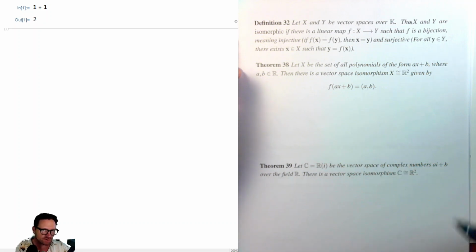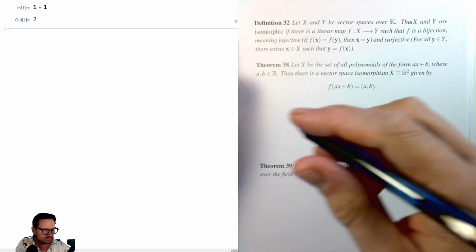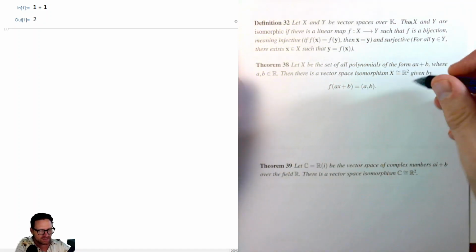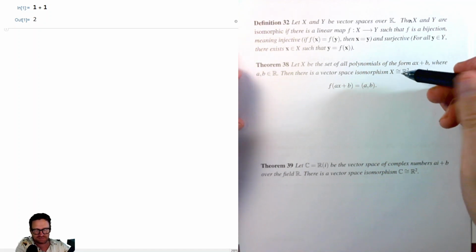Okay, so we need to show that this map is a linear map, and then we need to show that it's both injective and surjective.